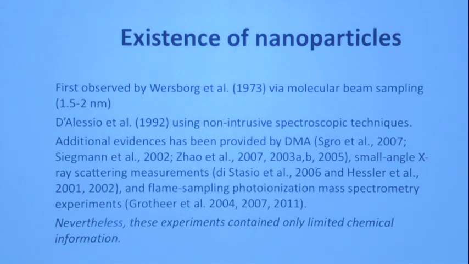An additional technique, just to give you an idea, because we started from the experiment, was the differential mobility analyzer. A lot of work has been done with that. You sample in a flame and then you collect the material that is separated according to mass.